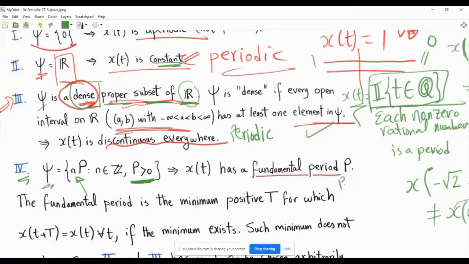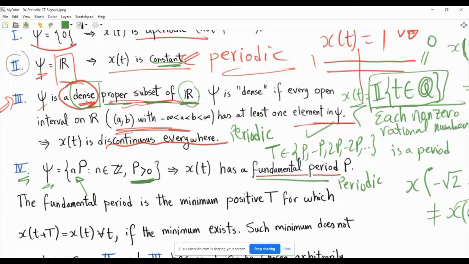This is the third type of periodic signals, and those are the signals for which big T, in this case, is P or minus P, 2P or minus 2P, and so on. And we call P the fundamental period of the signal.